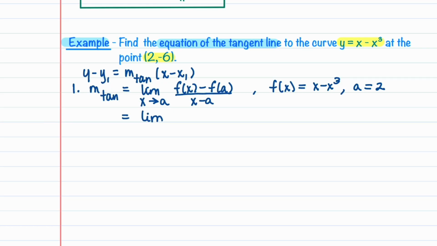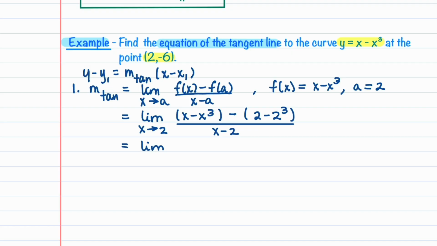This is now the limit as x goes to 2 of f of x, which is x minus x cubed, minus f of a, which is 2 minus 2 cubed, all divided by x minus a, which is x minus 2. Let's now work on the numerator and clean it up.